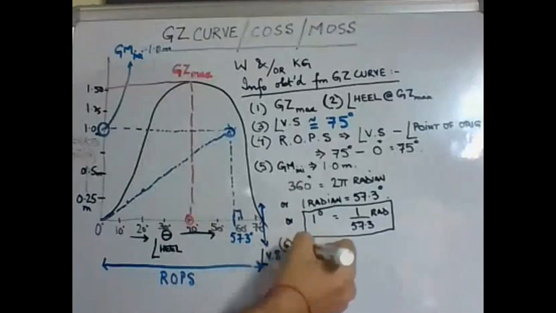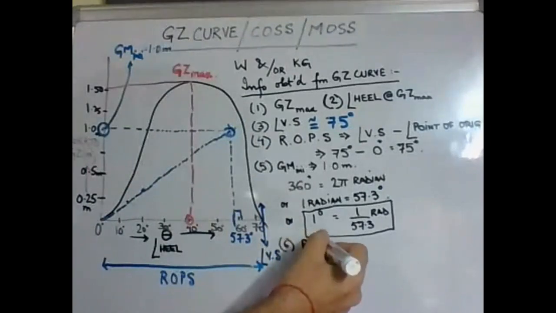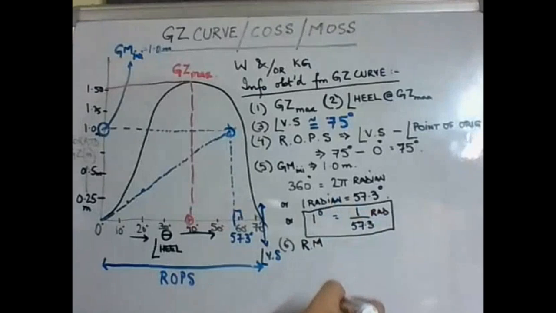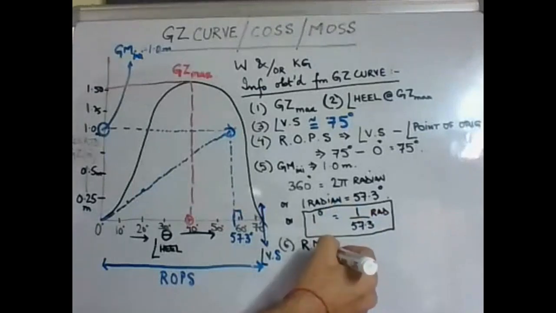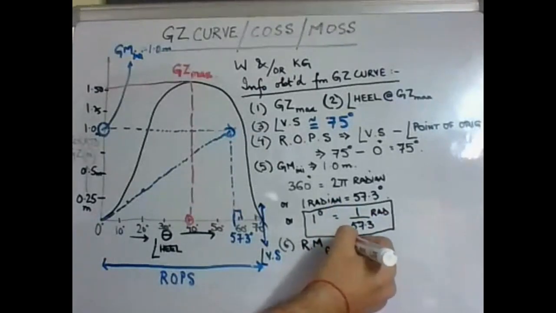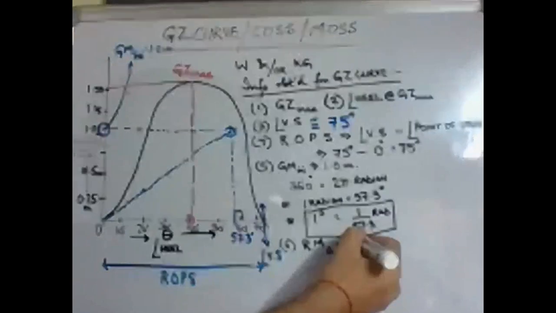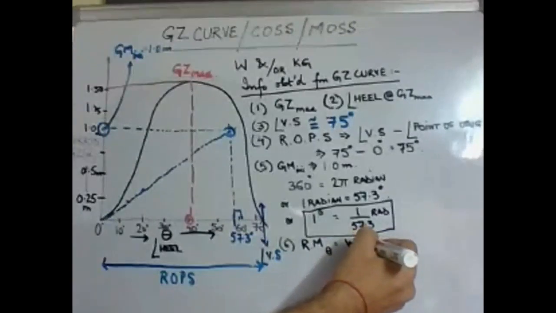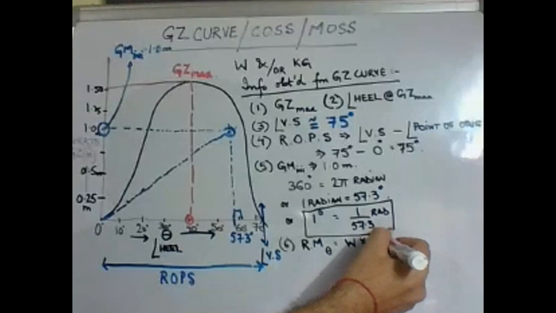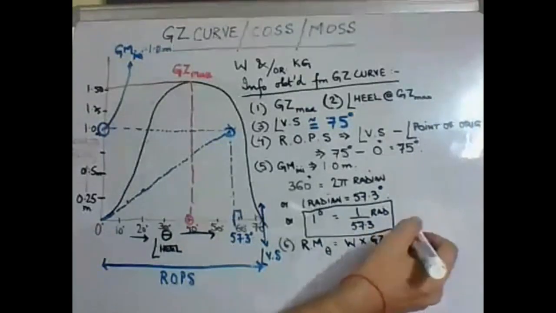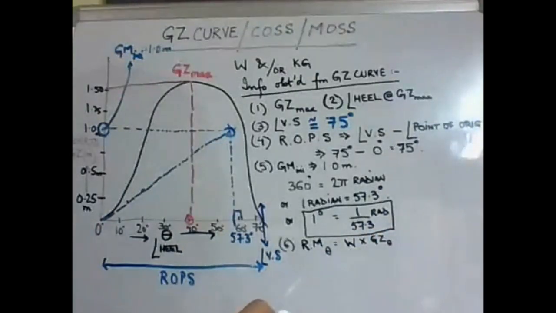Sixth, something called the righting moment at a particular theta. Righting moment is a product of displacement into righting lever GZ at that theta.